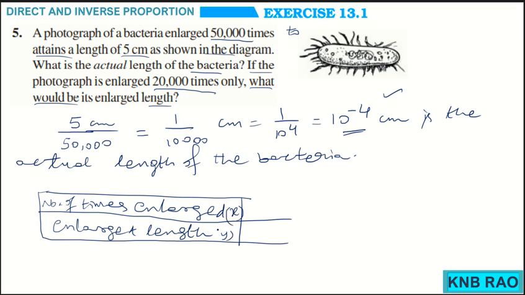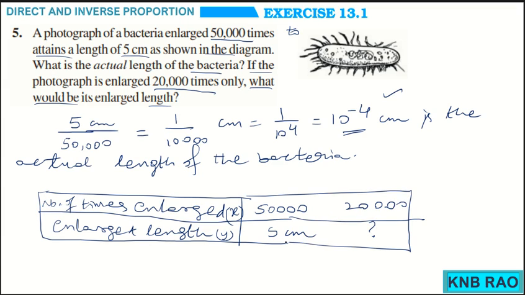For 50,000 times the enlargement is 5 centimeters; for 20,000 times, what would be the enlarged length? More the times it is enlarged or less the times it is enlarged, one variable increases or decreases, causing a similar increment or decrement. So, here, if the enlargement decreases, the enlarged length must also decrease. So, it is the case of directly proportional, we confirm it.